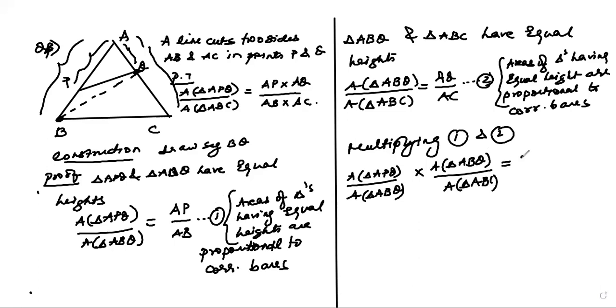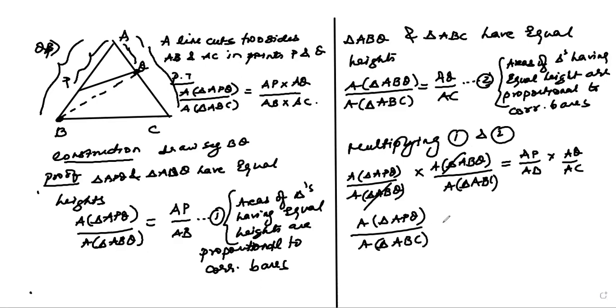So here it will become AP upon AB into AQ upon AC. And now you can see ABQ gets cancelled. So what are you left with? Area of triangle APQ upon area of triangle ABC is equal to AP into AQ upon AB into AC. The answer, what you wanted, we got it, children. Okay, children?